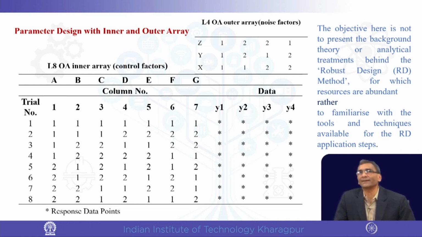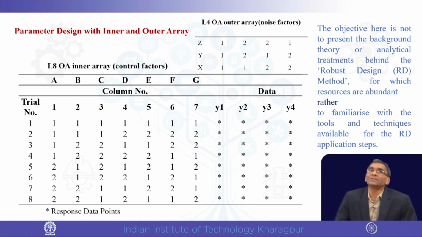Suppose there are 3 noise factors at 2 levels each. So it will be 4 treatment conditions, and in the control array you have 7 factors at 2 levels, so there will be 8 treatment conditions. When I combine these two, we get this parameter design layout.